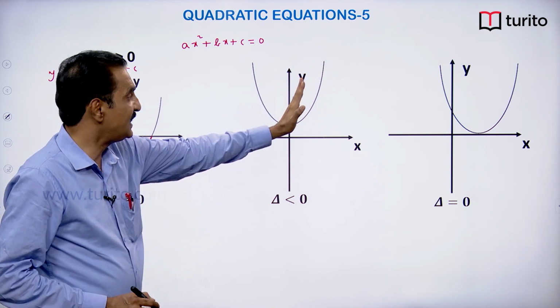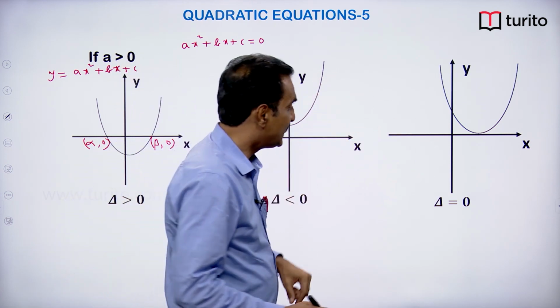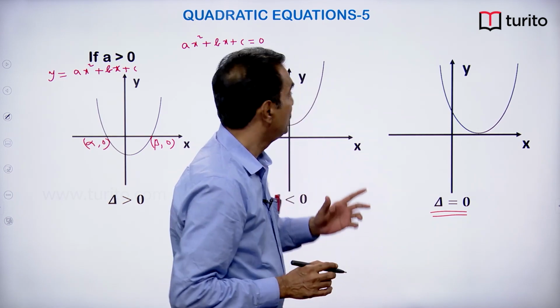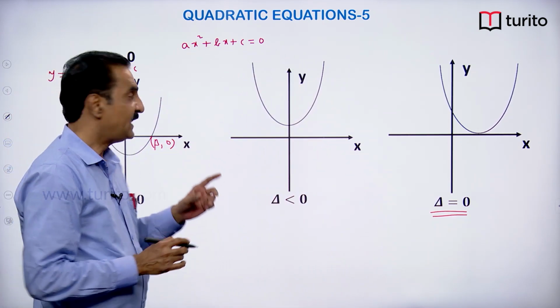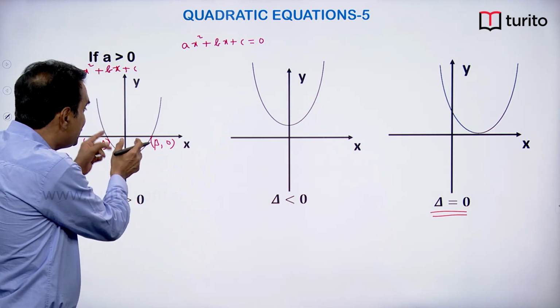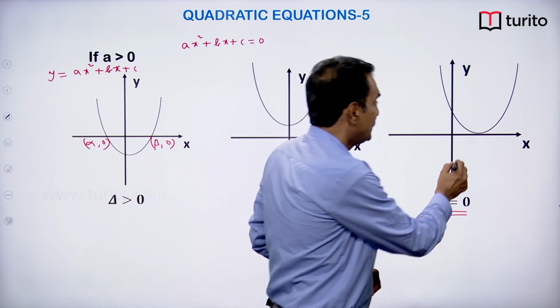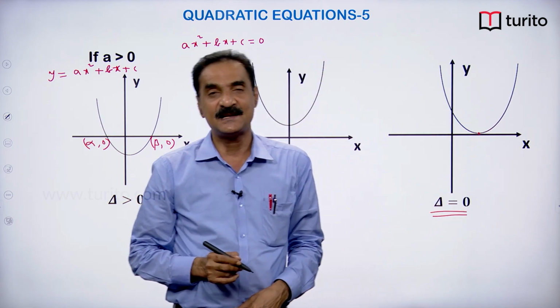But still axis will be parallel to y-axis. Now, another situation, if you take delta is equal to 0, then the roots of this quadratic equation are equal. Then alpha and beta coincide, and the graph touches the x-axis at the vertex.